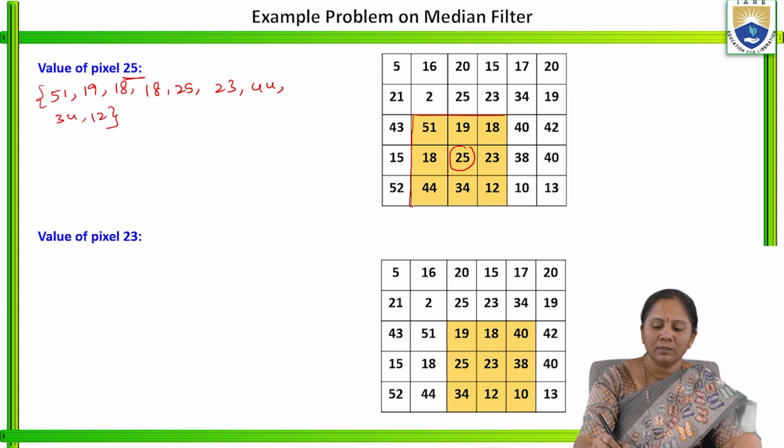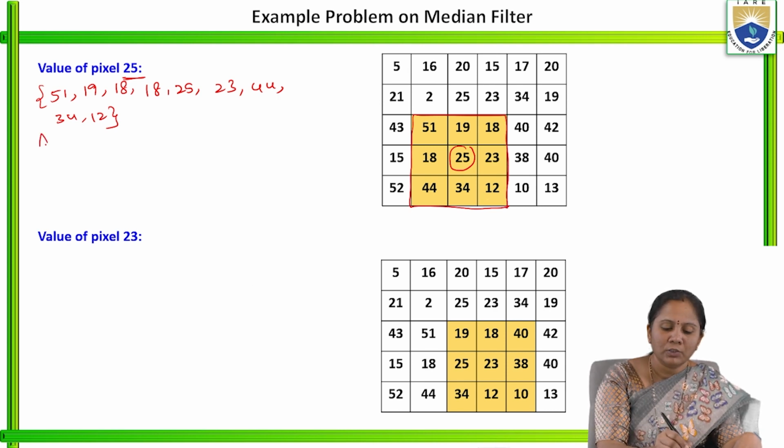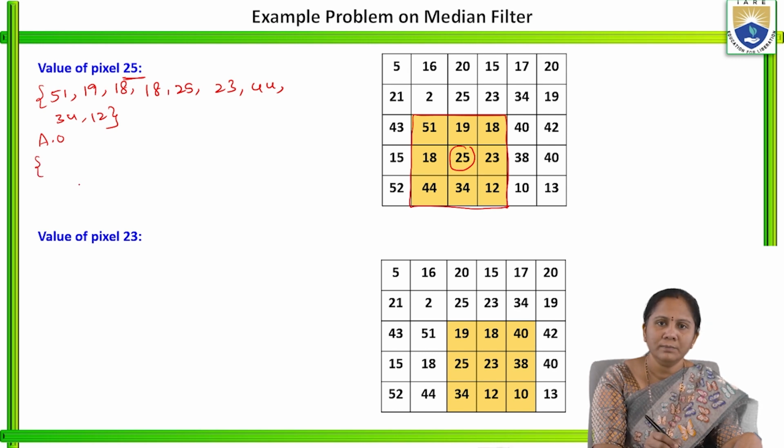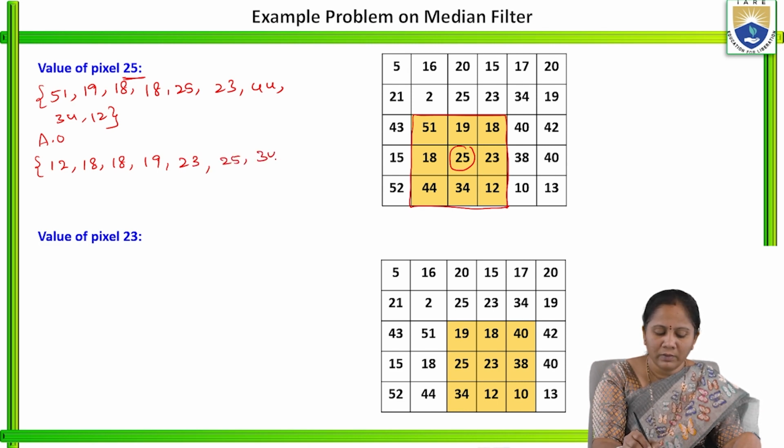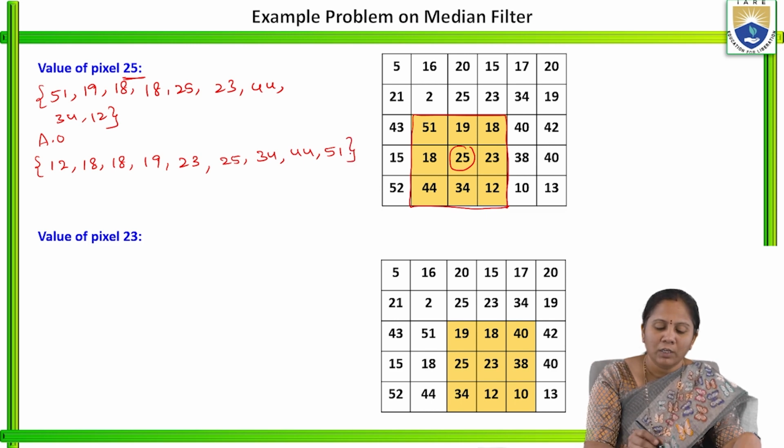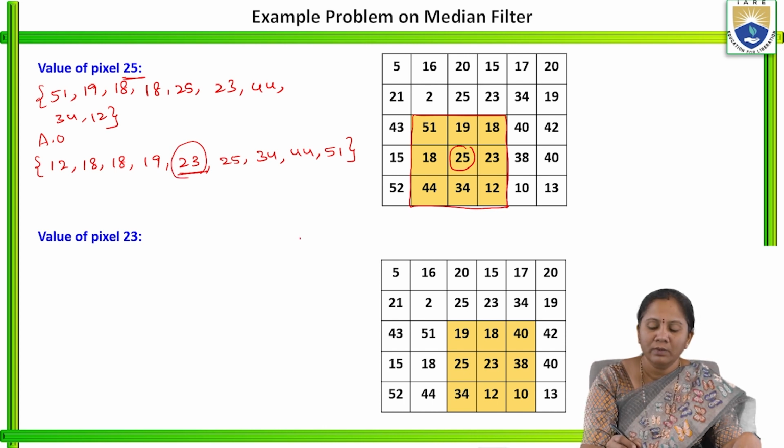All these are the neighborhood pixels. So arranging them in the ascending order, we will get 12, 18, 18, 19, 23, 25, 34, 44 and 51. So among all this, 23 is the middle value. So this 25 will be replaced with 23.